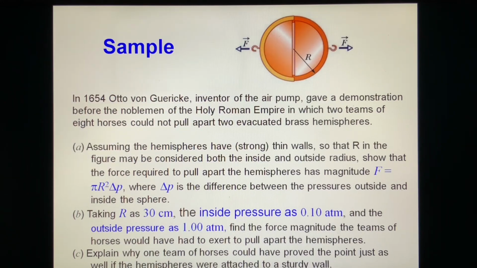Question B. Taking R as 30 centimeters, the inside pressure as 0.1 atmosphere, and the outside pressure as 1 atmosphere, find the force magnitude the teams of horses would have had to exert to pull apart the hemispheres. Question C. Explain why one team of horses could have proved the point just as well if the hemisphere were attached to a sturdy wall.